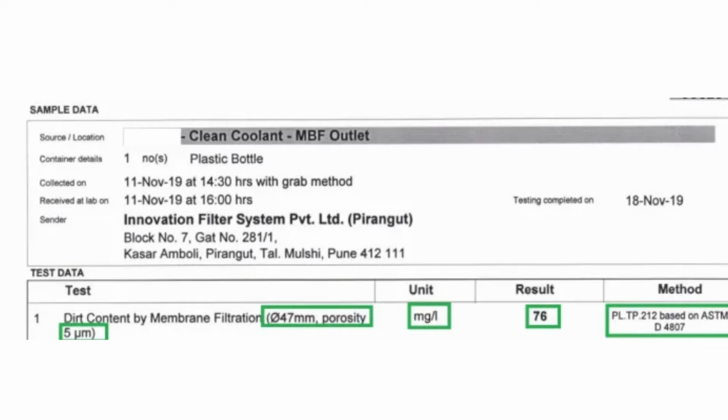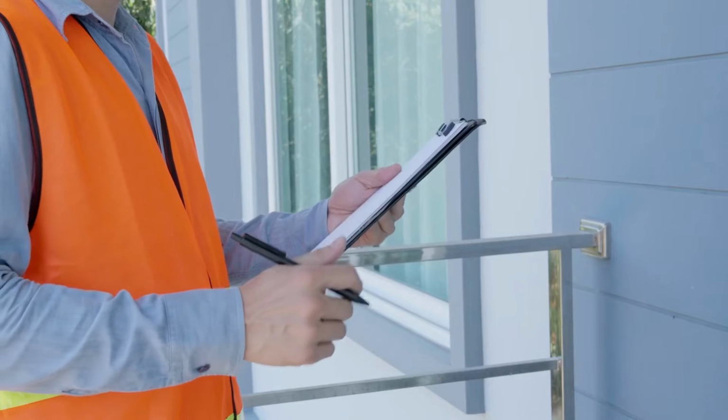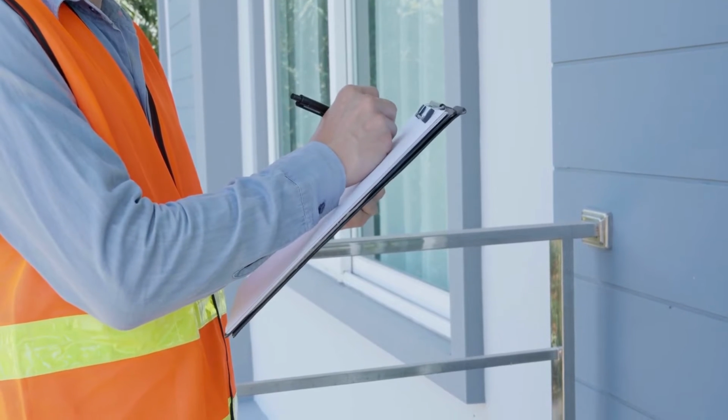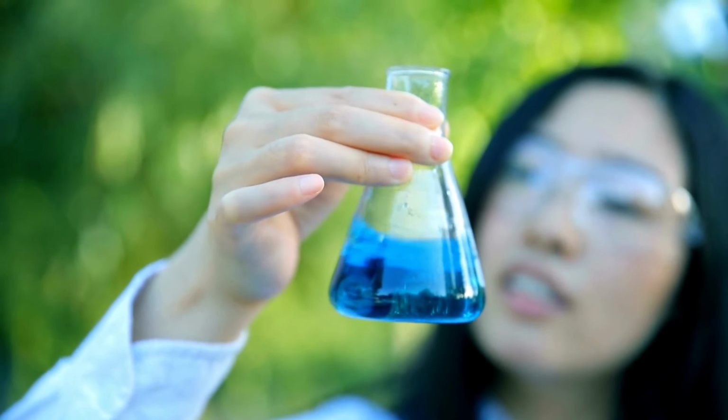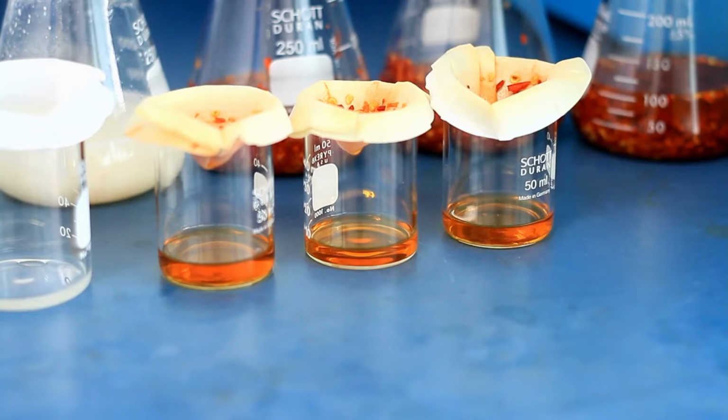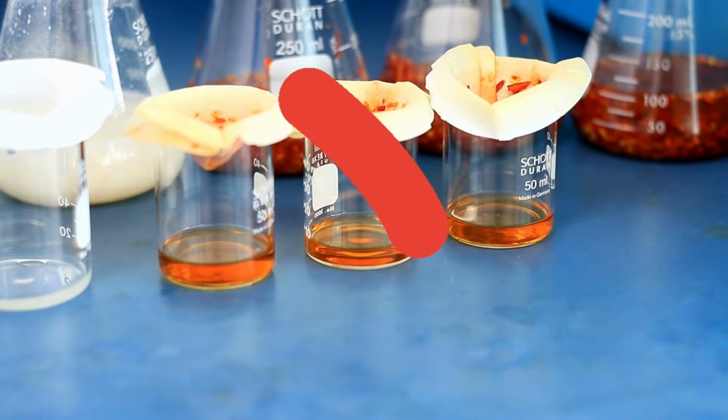For example, in the test report that I shared, the clean sample millipore value was 76 milligrams per liter. Now, if my customer had specified that the clean sample should be 50 milligrams per liter, then my filtration system has failed. However, if the customer had specified 100 milligrams per liter, then this sample is okay and my filtration system is working as expected.